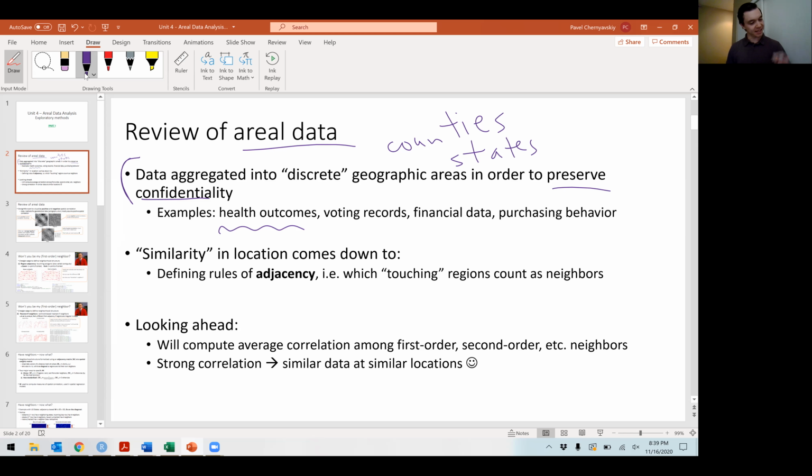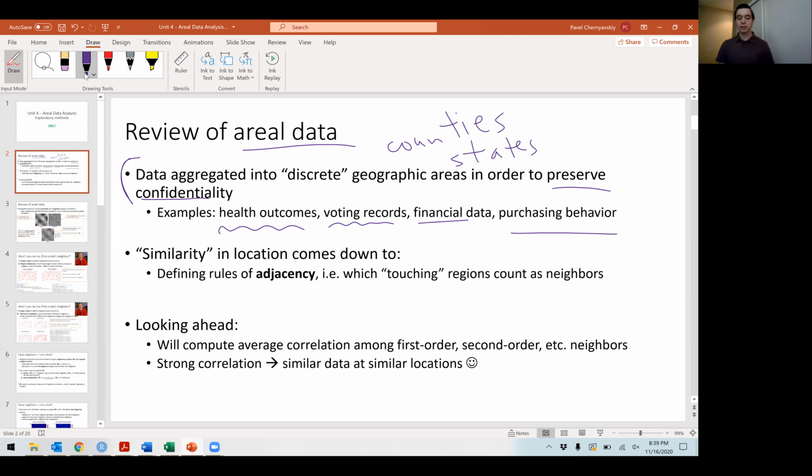Just want to remind folks that there are other infectious diseases out there to worry about. COVID is a big one, of course. Voting records. You know, we want people to feel safe when they vote, so we will preserve their confidentiality. Financial data, average savings, their purchasing behavior. All of those things can be aggregated to preserve confidentiality of individual people.